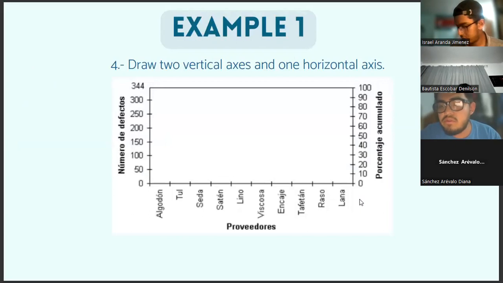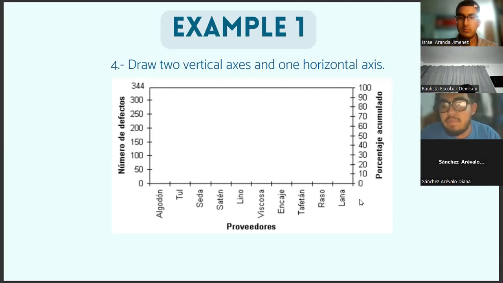Well, we have to draw two vertical axes and one horizontal axis and place the magnitude of each factor on the left vertical axis. The scale of the axis is between 0 and the full magnitude of the factors, and the cumulative percentage of the factors is represented on the right. Therefore, the scale is from 0 to 100.